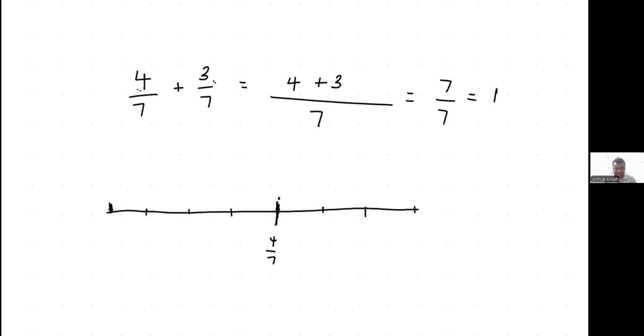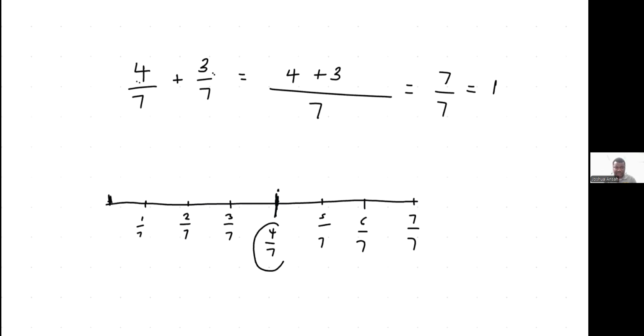So this gives me 1 out of 7, 2 out of 7, 3 out of 7, 4 out of 7, 5 out of 7, 6 out of 7, and then 7 out of 7. If I have 4 out of 7 and I'm adding 3 out of 7, which is 1, 2, 3, it lands me at 7 out of 7.